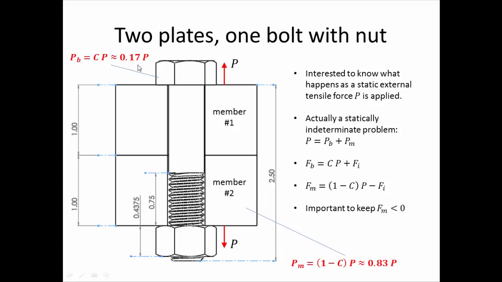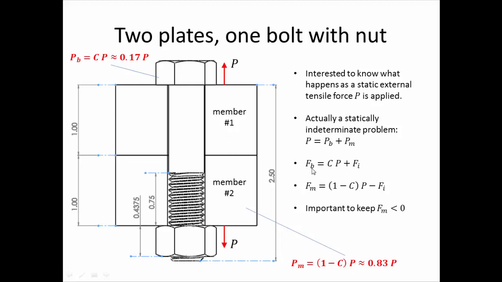So the part the bolt carries, P sub B, is C times P, about 0.17 P. The part the members carry would be the remaining (1 minus C) times P, or in this case about 0.83, or 83% of P. So the members carry a dominating part of that external force P.